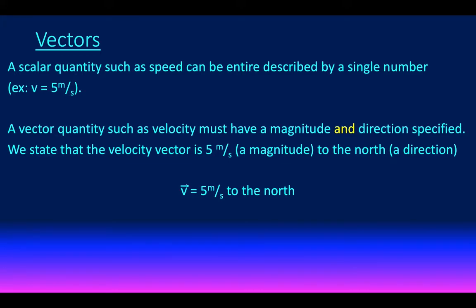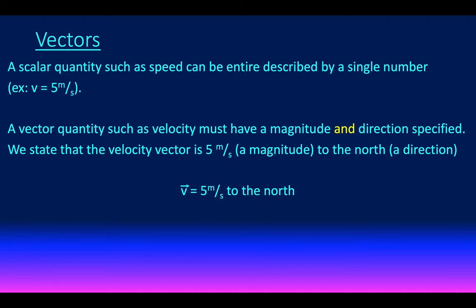Now, in the previous slide, I said one way of thinking about vectors is you need a list of numbers. You need more than one single number to fully specify a vector. How would I think about it with this example? Well, instead of saying 5 meters per second to the north, what if I said the object's speed is 5 meters per second to the north and 0 meters per second to the east?